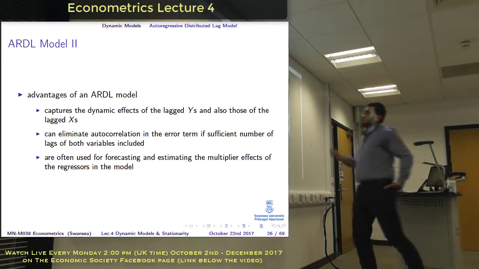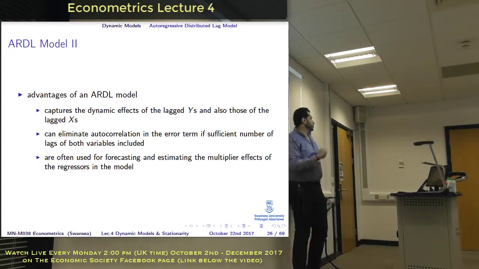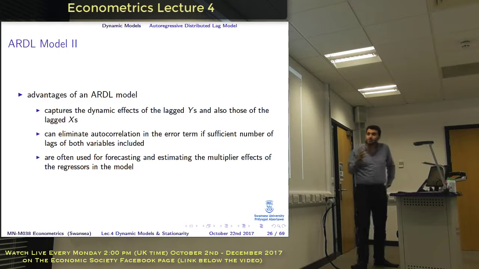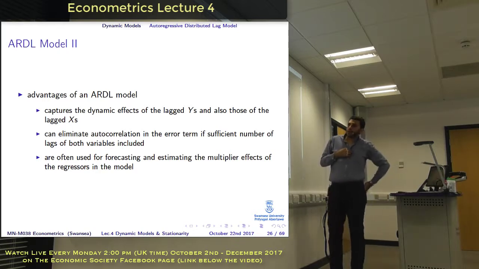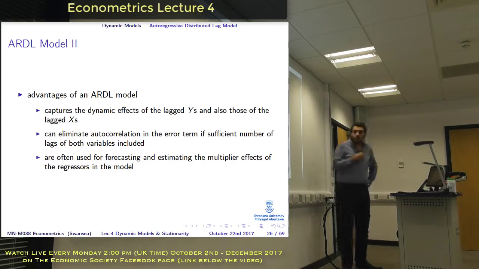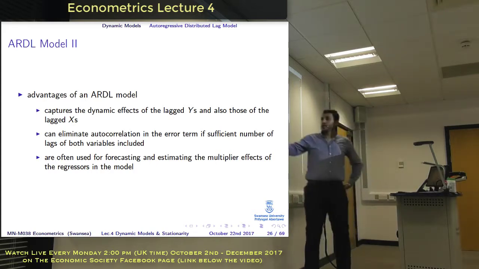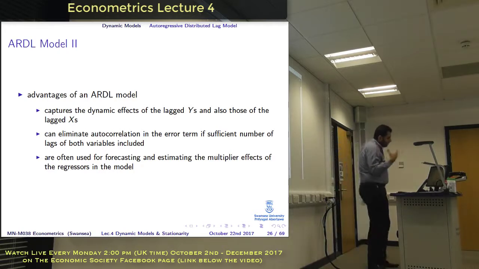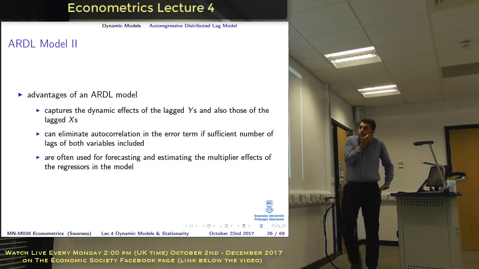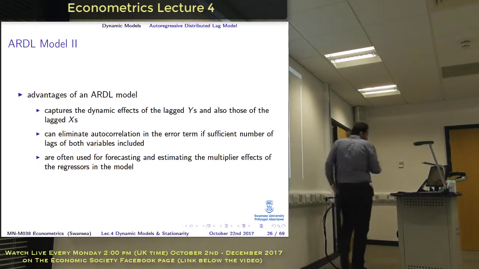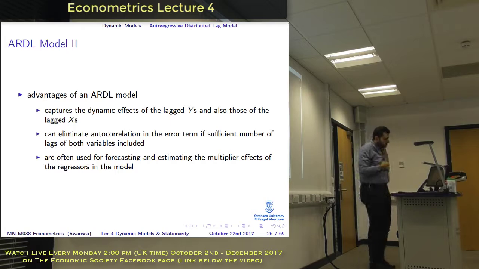Consumption expenditure also will depend on its own values in the past. So it captures this sort of dynamic effect. Also, you can eliminate autocorrelation, as I explained earlier, by introducing lags. If you have a sufficient number of lags, of both variables X and Y, this will eliminate the autocorrelation problem.